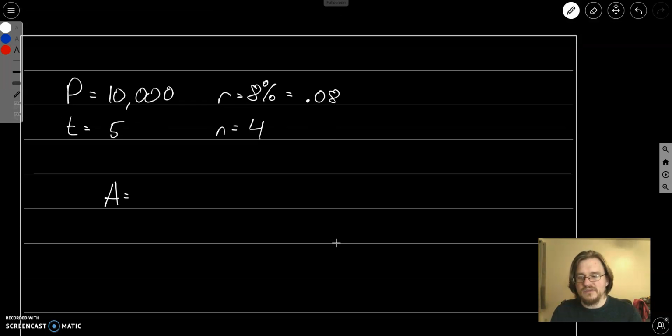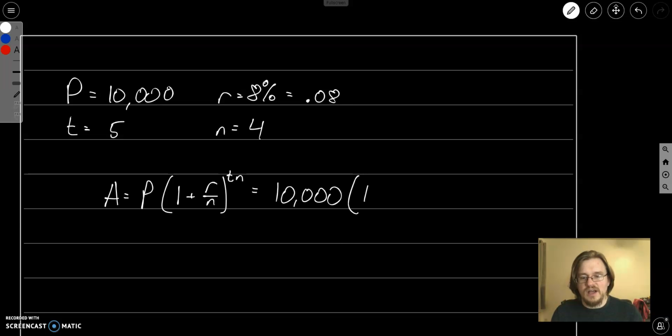After 5 years, we'll have A amount, and it's going to be the principal times 1 plus R over N raised to the T times N power. So plugging everything in, this is going to be 10,000 times 1 plus our rate is 0.08 over N, which is 4.